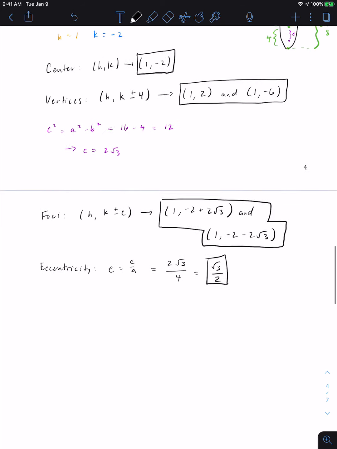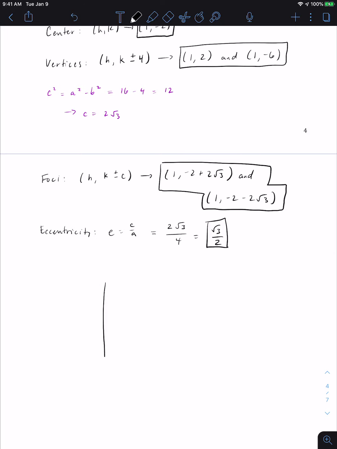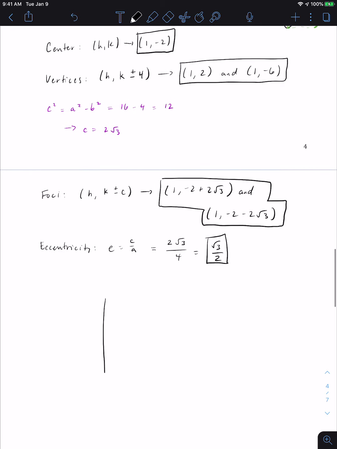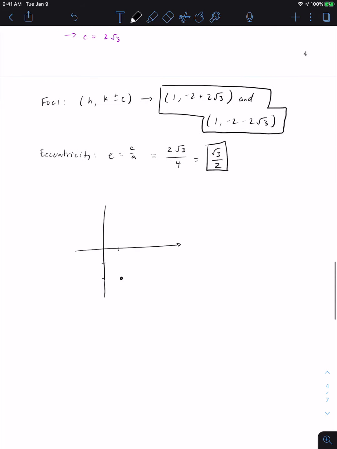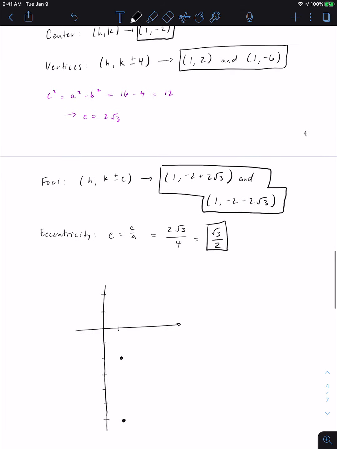So if I were going to sketch this, I know my center is at (1, -2). So here's 1, and this is negative 2. This is my center. And then I go all the way down to negative 6: 2, 3, 4, 5, 6. (1, -6) is my other vertex, and (1, 2) is my other one here.